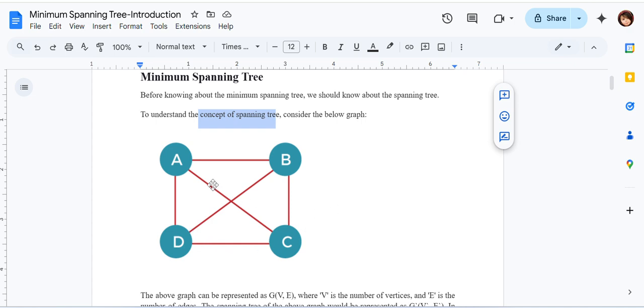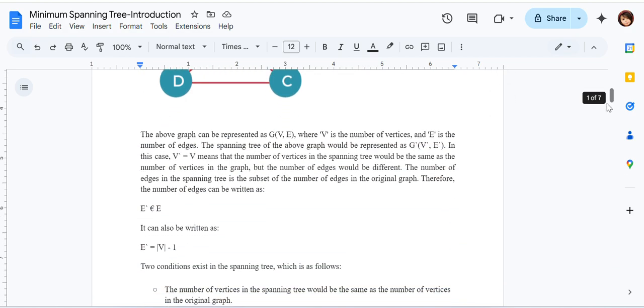Okay, in this concept we'll understand the concept of a spanning tree. Here we have some definitions. A graph is always represented as a pair of parameters, V comma E, where V is the vertices and E is the edges.